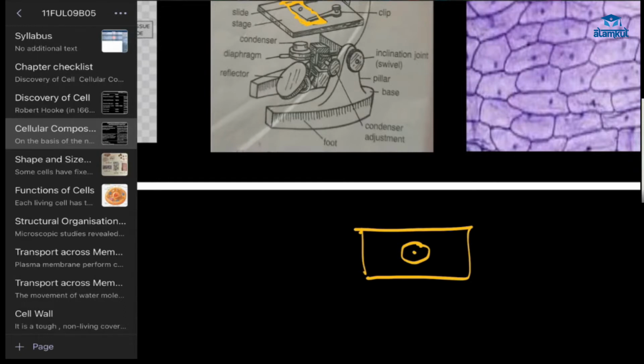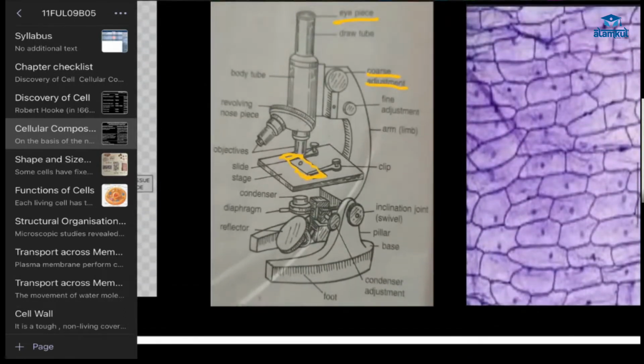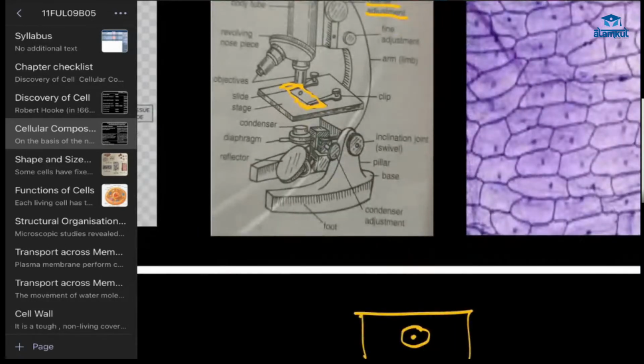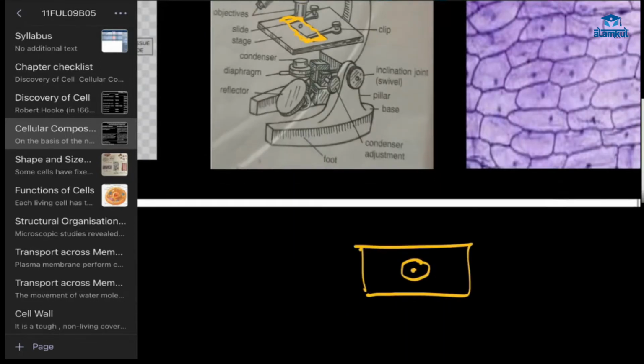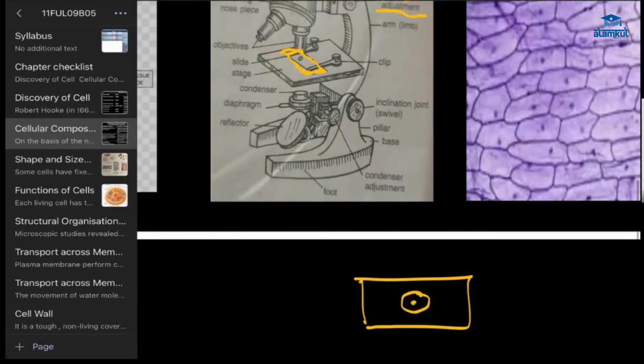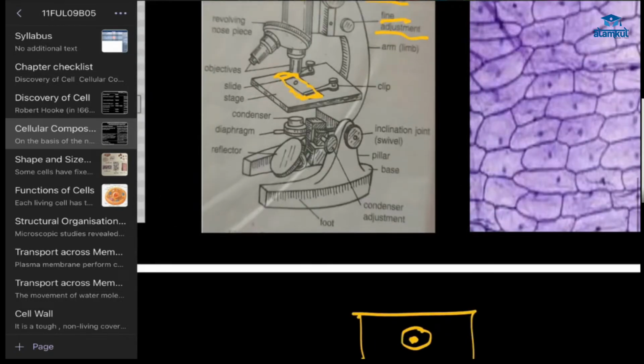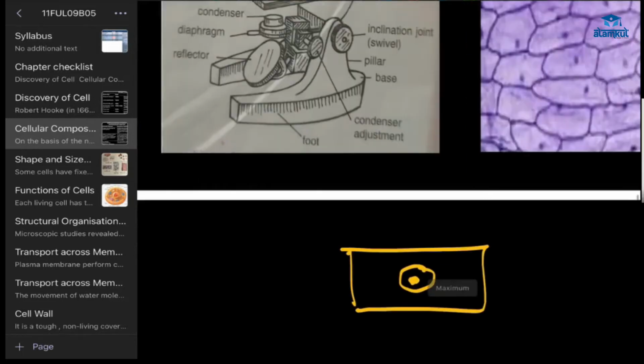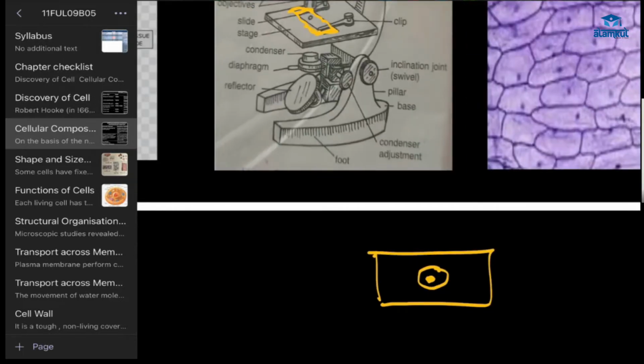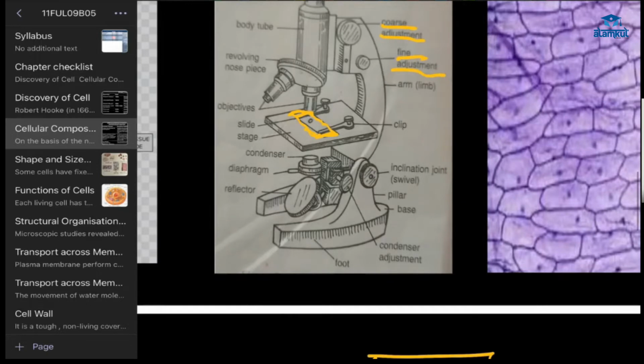To focus on this specimen, we use the coarse adjustment. And here we have our fine adjustment. In the coarse, we just adjust and can spot the specimen. But in fine, the complex structure inside, all this we have to focus. We can focus using the fine adjustment screw.